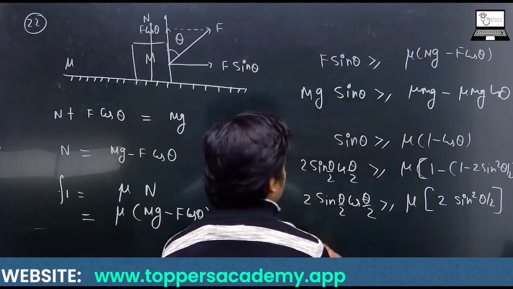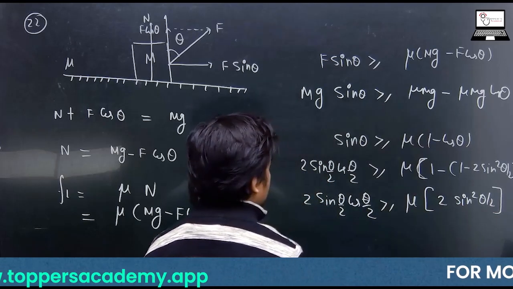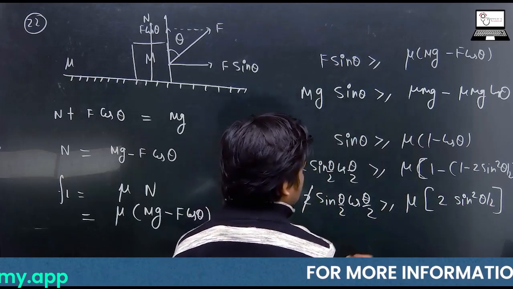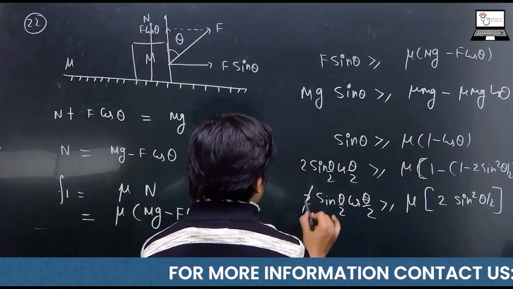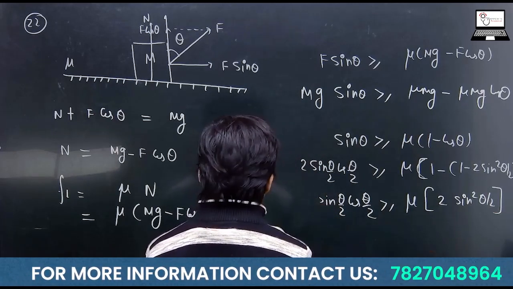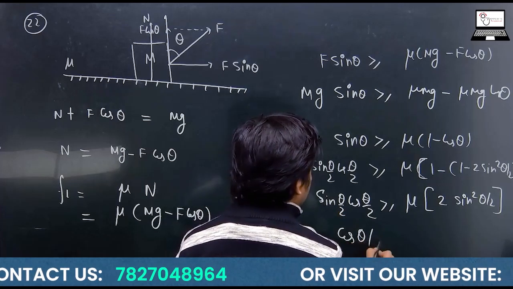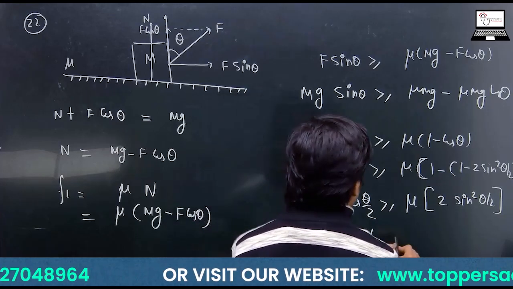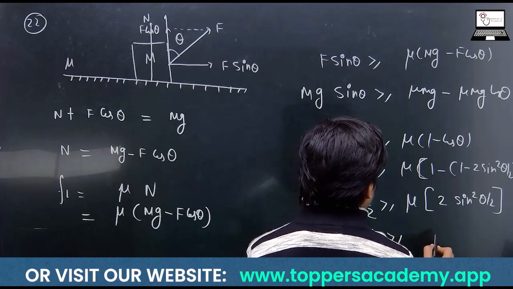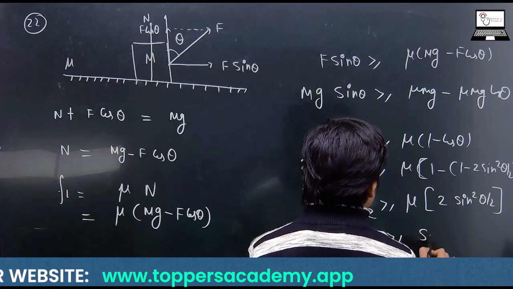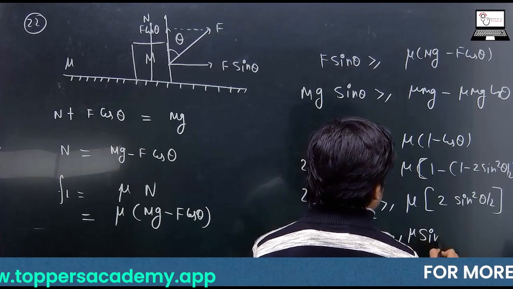Now 2 is cancelled by 2, and one sin theta by 2 is also cancelled out. You will be left with cos theta by 2 greater than or equal to mu sin theta by 2.